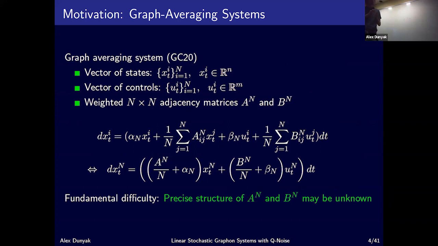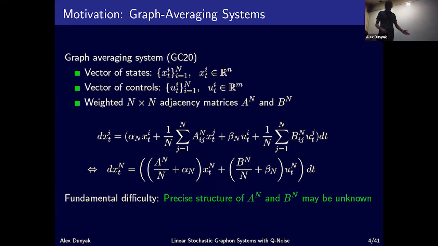And further, you have a vector of controls where each node has its own local control. And you have two weighted adjacency matrices, A_N and B_N, which describe the impact of the states globally over the network.